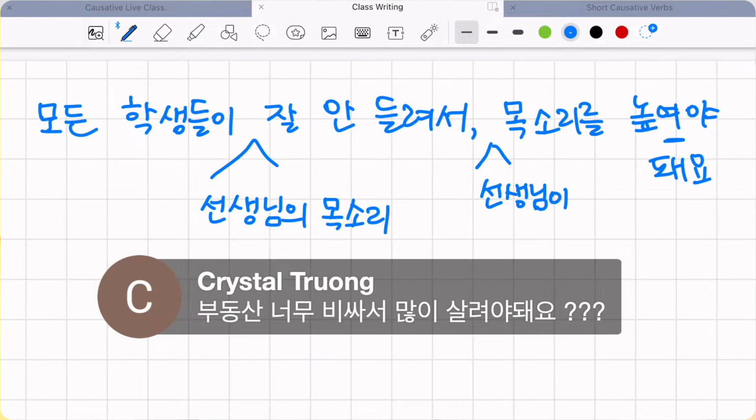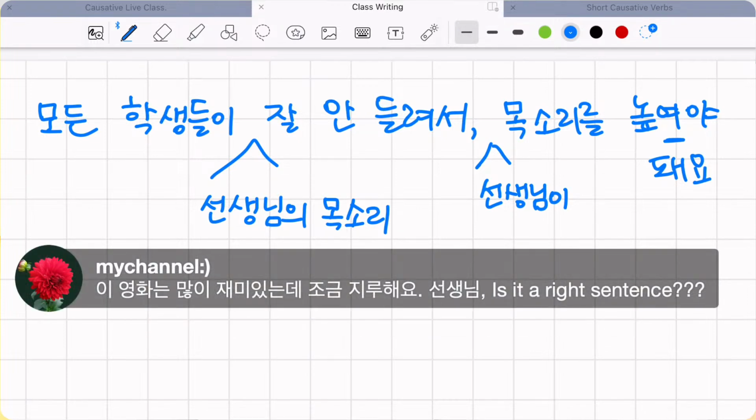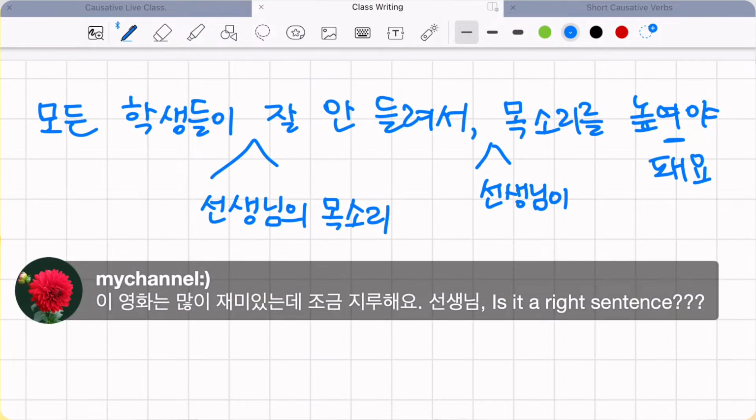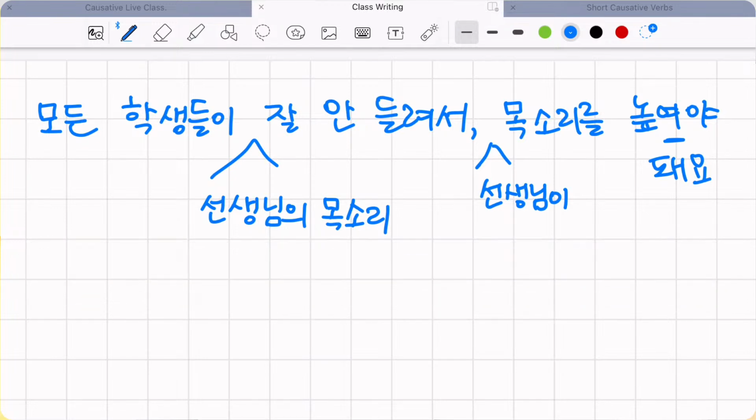Could you specify more, please? 그 다음에 이 영화는 많이 재미있는데 조금 지루해요. Is it a right sentence? Yes, grammatically speaking, there's nothing wrong with it. 이 영화는 많이 재밌는데 조금 지루해요. So there are many parts that are fun in this movie, but there are also some other parts that are boring, right?